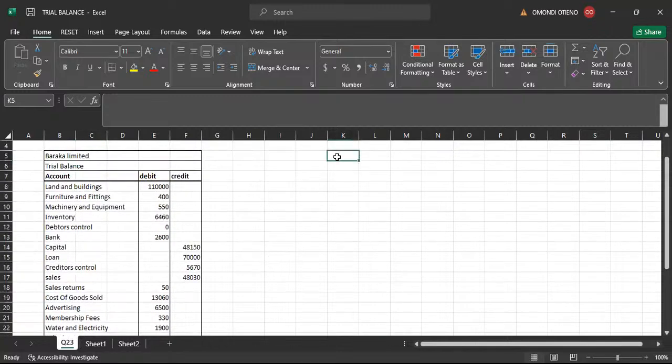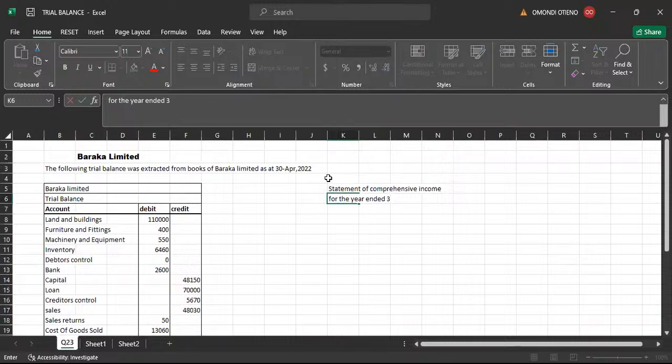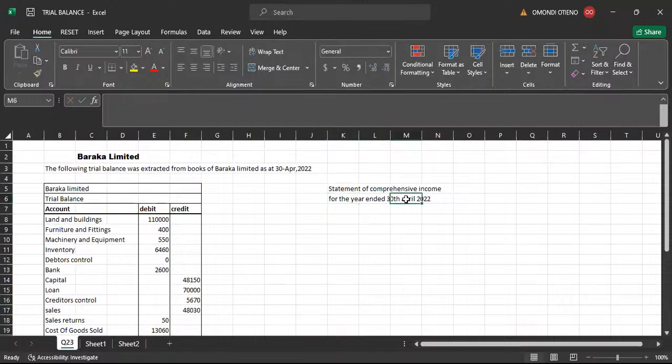I want us to start with the profit or loss, which we normally call the statement of comprehensive income, for the year ended 30th of April 2022.